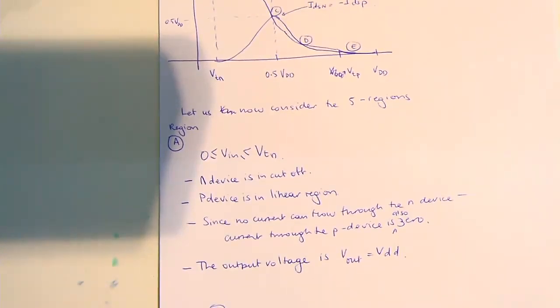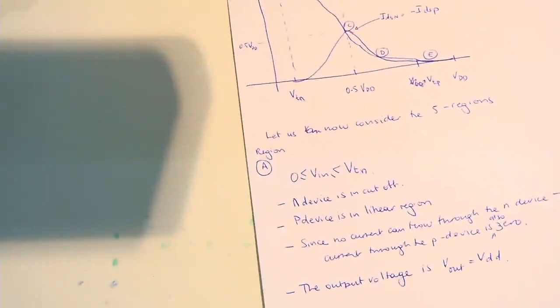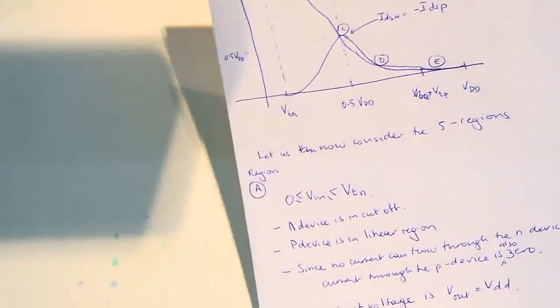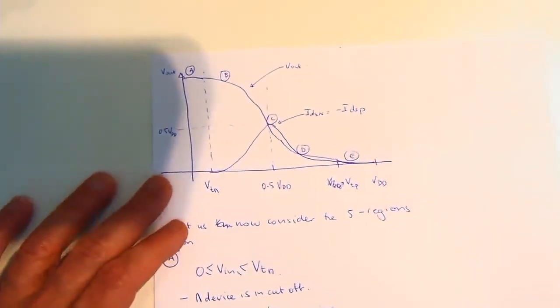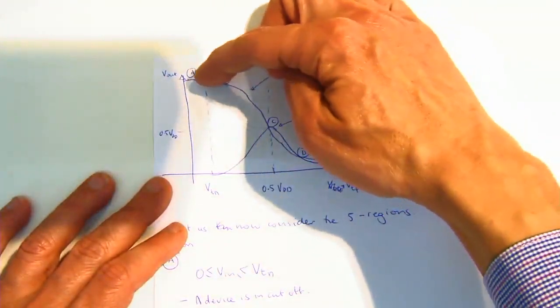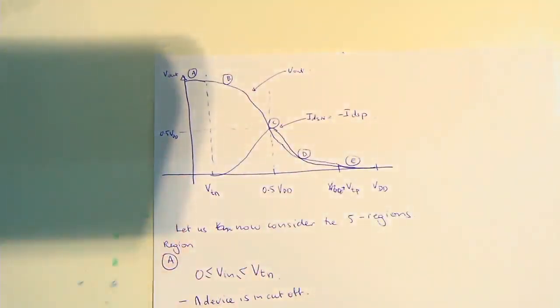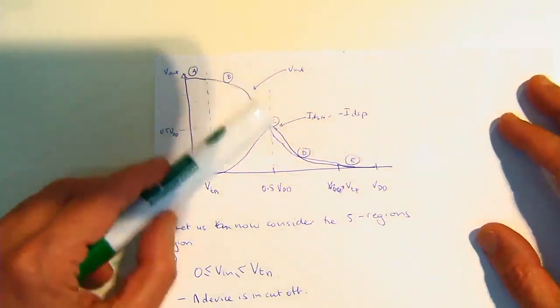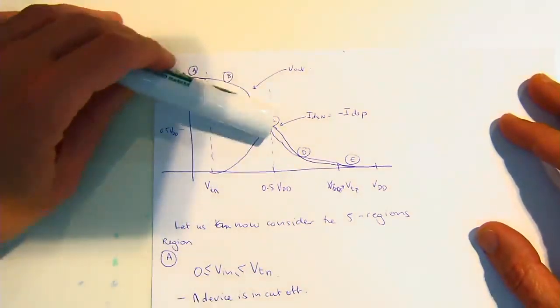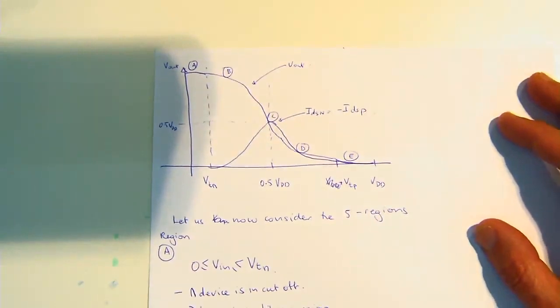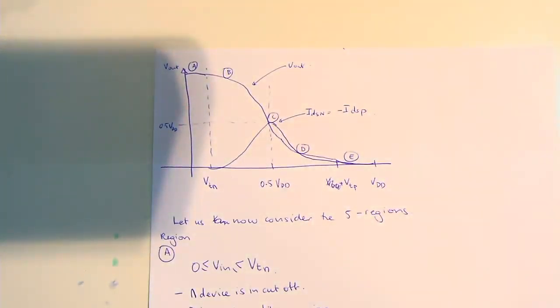And you can also show the N device is acting as a current source. If you're drawing the voltage, we're in region B, where the voltage is beginning to decrease and the current is beginning to increase, near the region of half the supply.